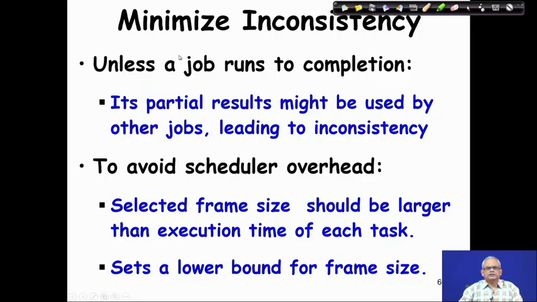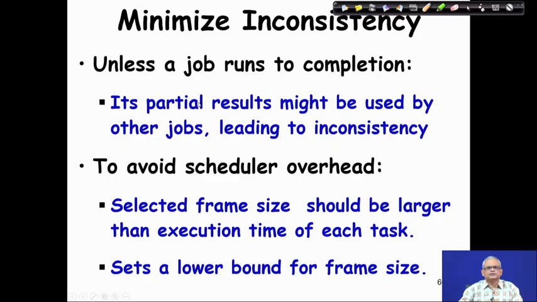So, the first condition is that the frame size must be chosen such that every task must be able to execute in the frame size, because if that does not happen, then we have to run the task across multiple frames.